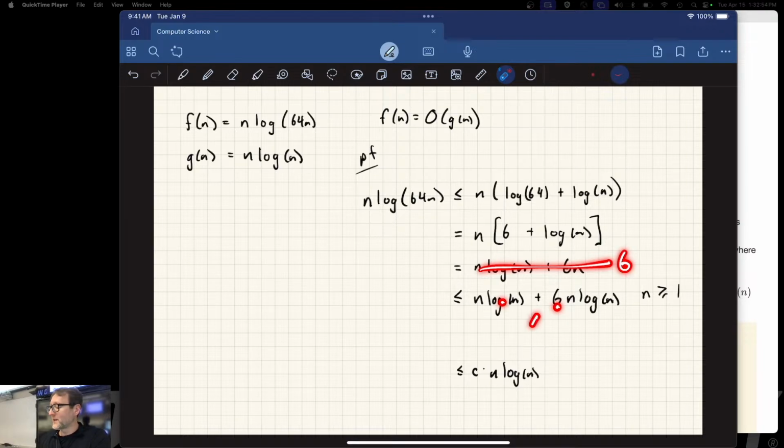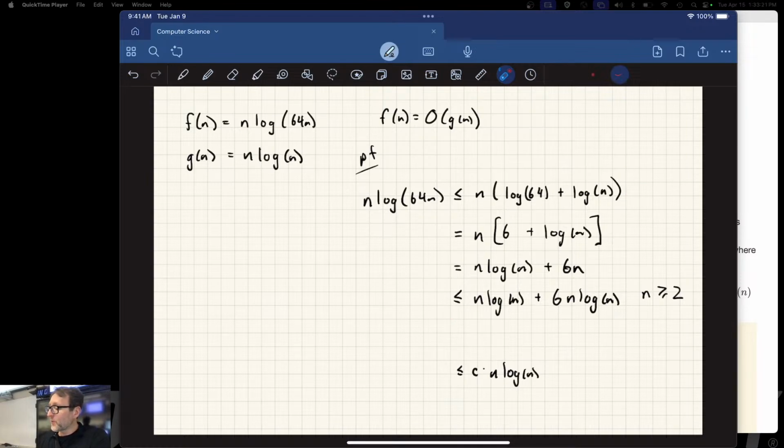Is 6 less than or equal to 0? No. So is this not true at all? No, we just need to go one more. What values is it true for? For all n greater than or equal to 2. And so this is why you need to be careful with your n naught, that after some point it's well defined and the inequality holds here.